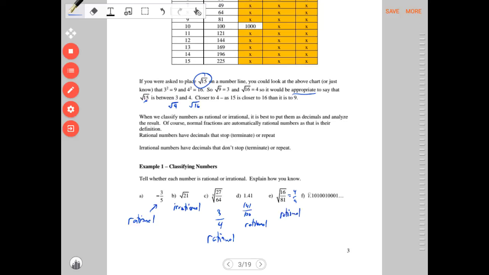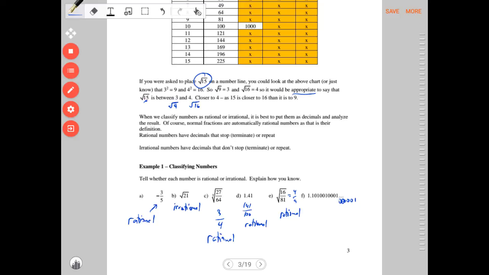Okay, now let's look at this one. 1.101001000 1. Hey, there's definitely a pattern there. The next one will be 0, so 1, 2, 3, 4 zeros, then a 1. Then there'll be 5 zeros and a 1. There's definitely a pattern there.